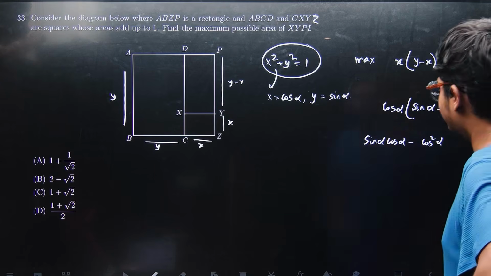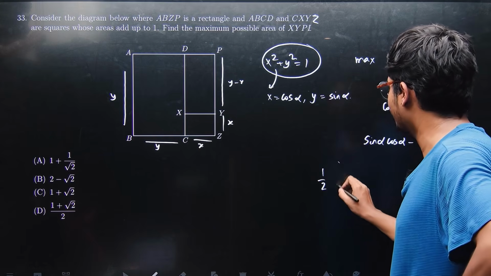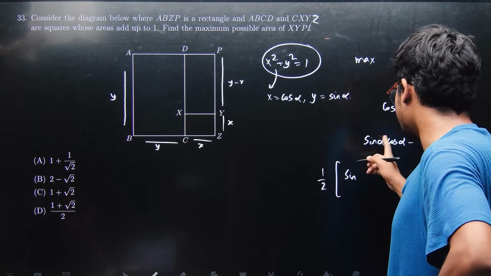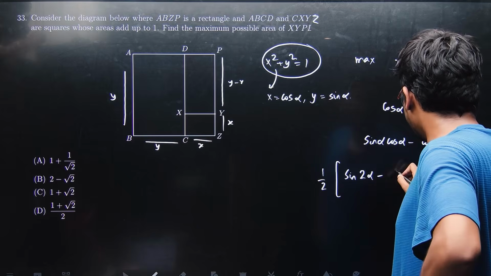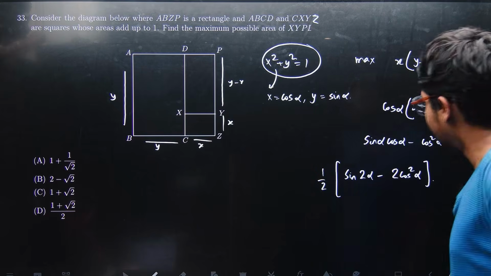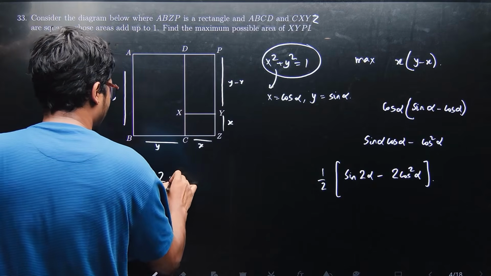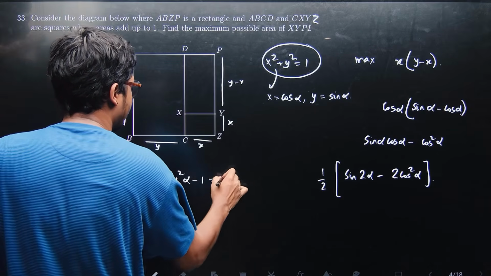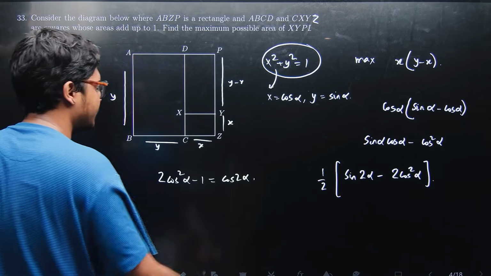Now observe, if I multiply and divide by 2, what will I get? I'll get half of 2 sin alpha cos alpha, which is sin 2 alpha, minus 2 cos square alpha, right? Okay? Now what do I know? 2 cos square alpha minus 1 is equal to cos 2 alpha, right?